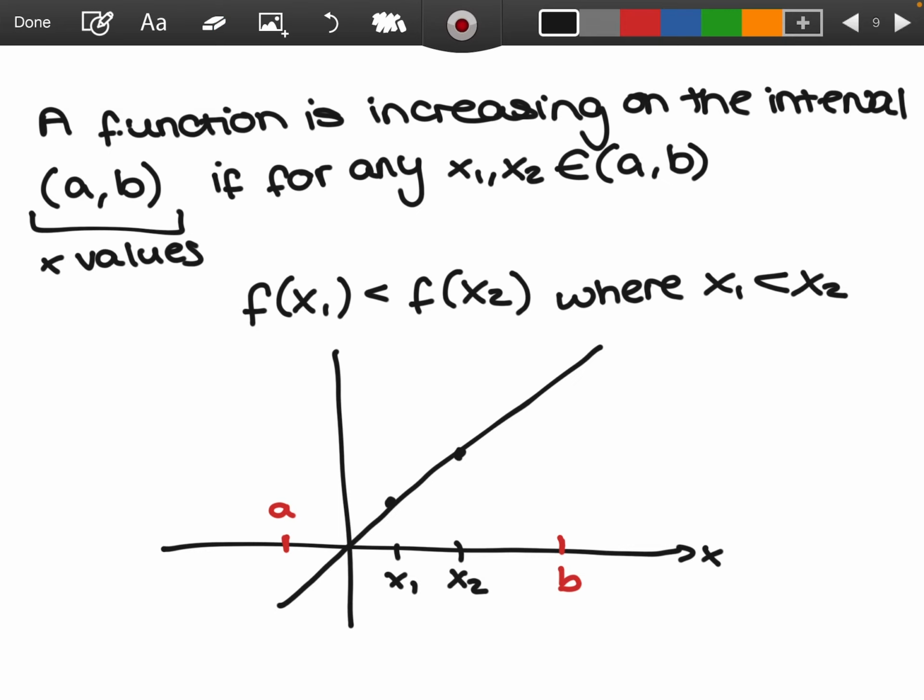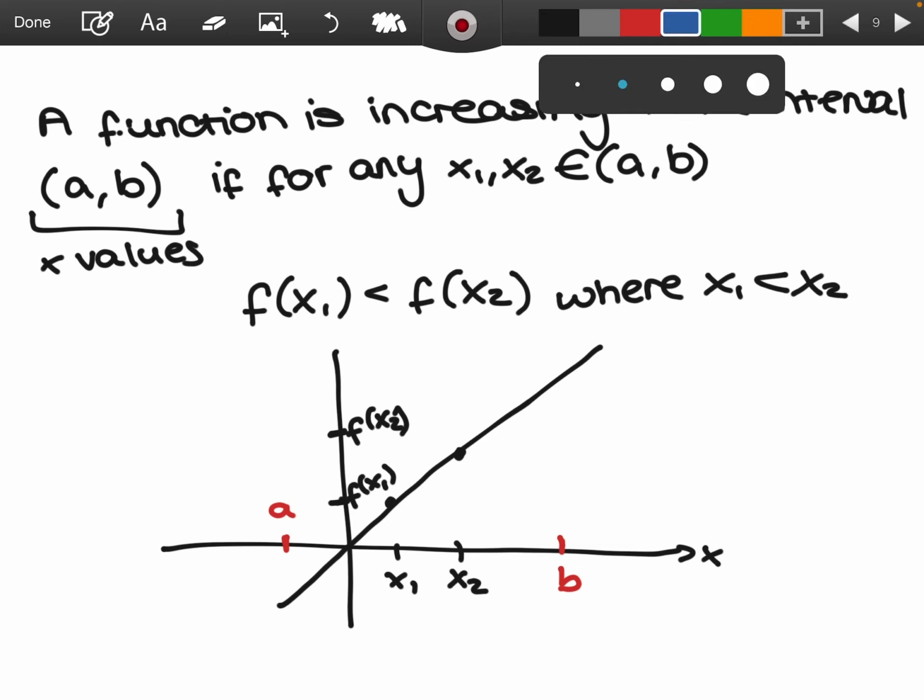And if I then look at their function values, this would be f of x1 and this would be f of x2, if we were to plot this out, we see that f of x1 is less than f of x2. I can do that for any x1 and x2 in my interval.